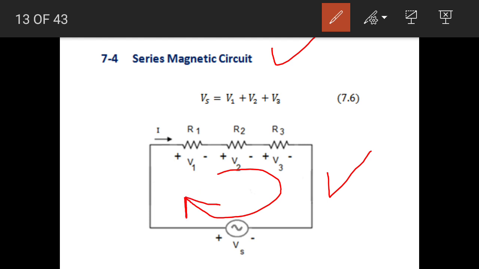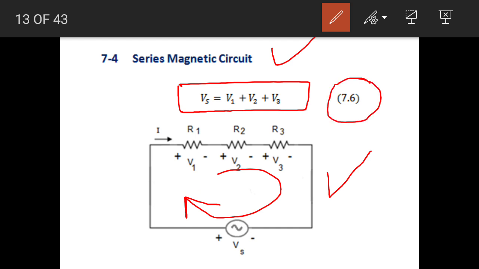According to KVL, the voltage across the source will be equal to the voltage across the resistor R1 plus the voltage across the resistor R2 plus the voltage across the resistor R3. So we obtain equation number 7.6 with the help of KVL. The source voltage is equal to V1 plus V2 plus V3.